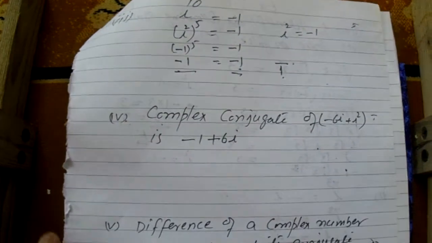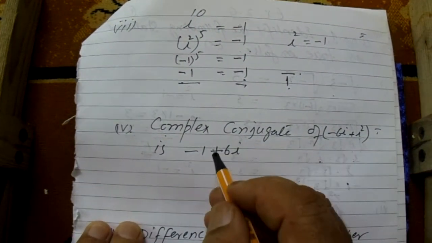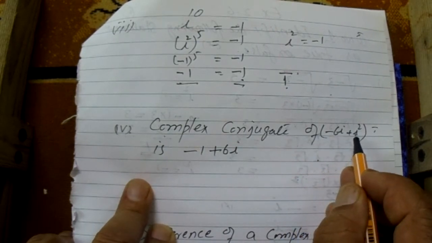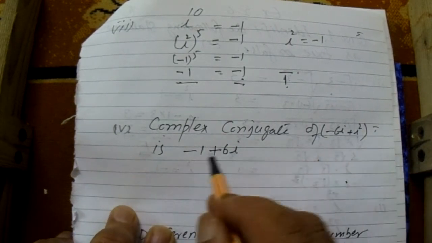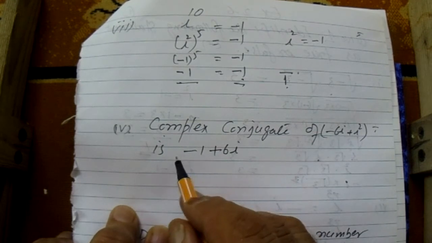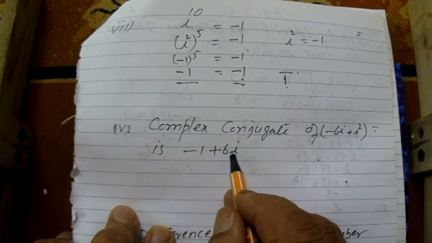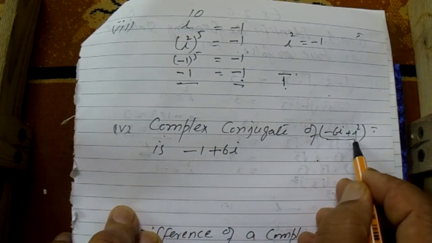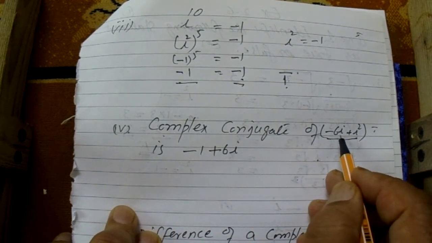Now the next part is the fourth part. The complex conjugate of minus 6 plus iota square is equal to minus 1 plus 6 iota. Now this is our complex number, and the conjugate of this number will be equal to this.